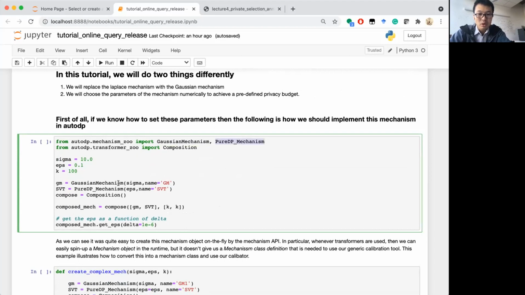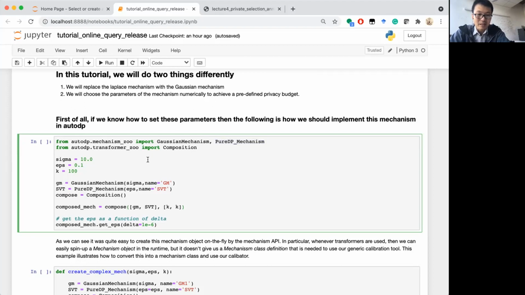Notice that the sparse vector technique, or above threshold, is a pure DP mechanism described by its parameter epsilon. And the Gaussian mechanism is described by its noise multiplier sigma, defined to be the actual sigma that you use over the L2 global sensitivity.